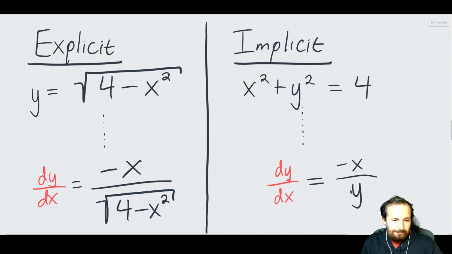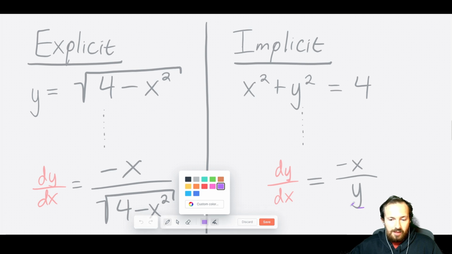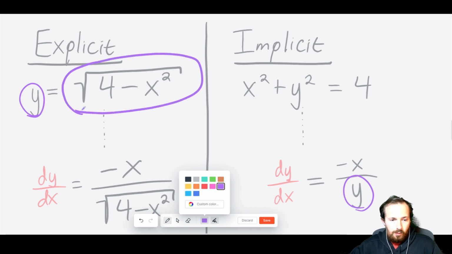Now, how can that be? Well, remember, what is this y value down here? From the explicit form, we already know that y is equal to the square root of 4 minus x squared. And that is actually showing up right here, if you notice.